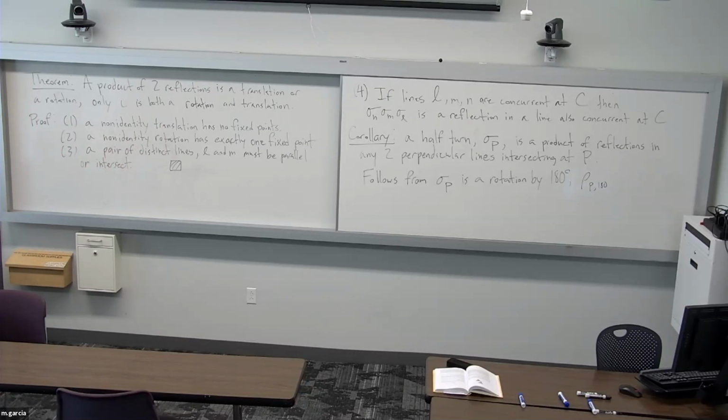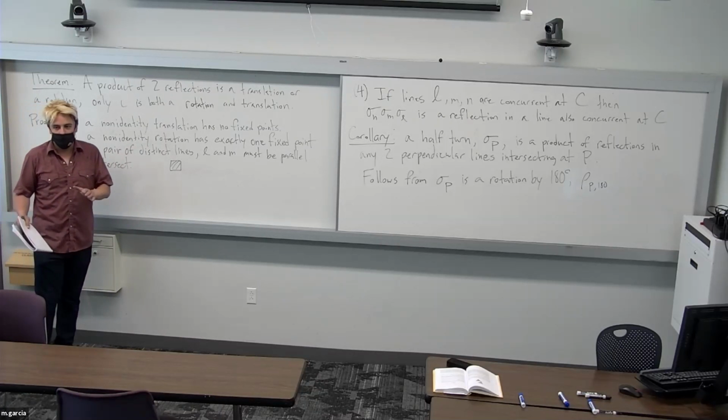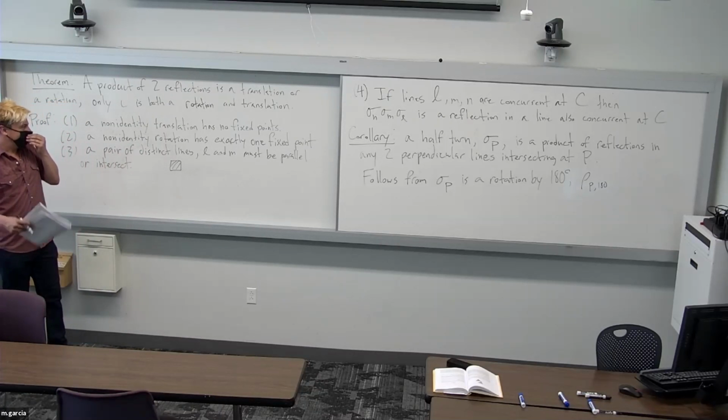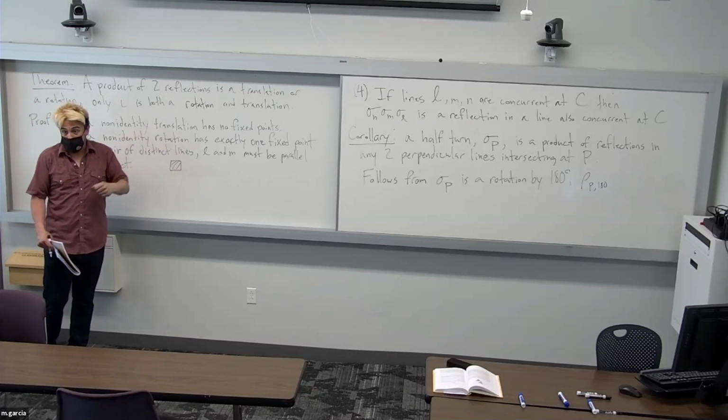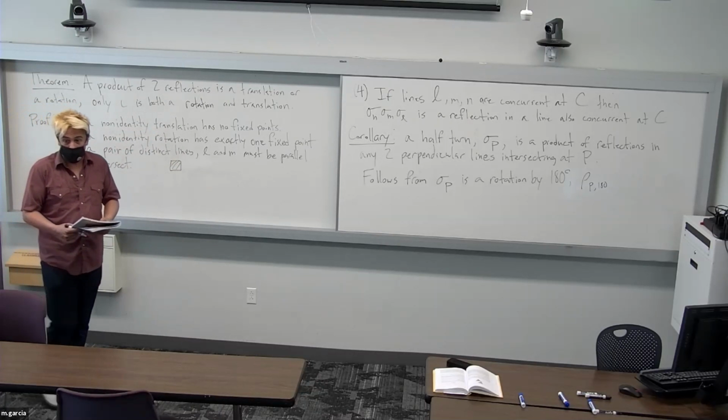If you have a product of reflections, either the lines that define them are parallel or intersect. And then the result of that will either have no fixed points or exactly one. Okay?